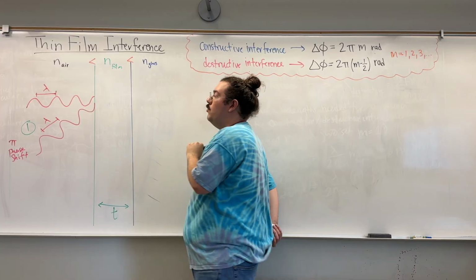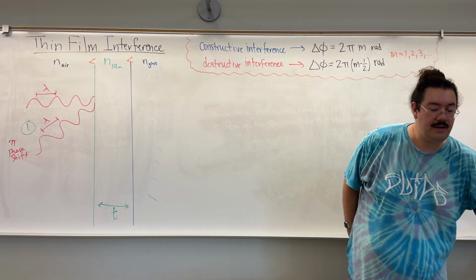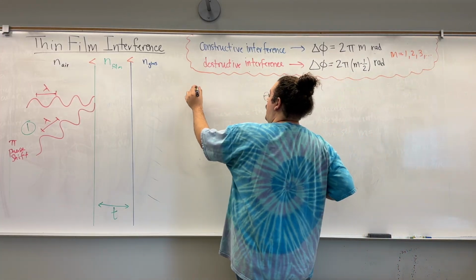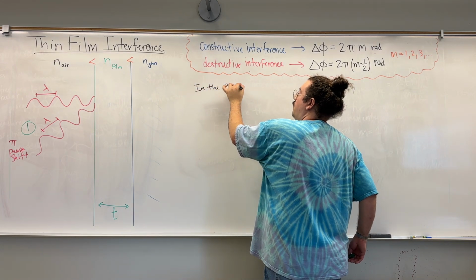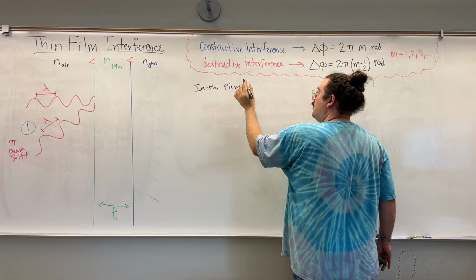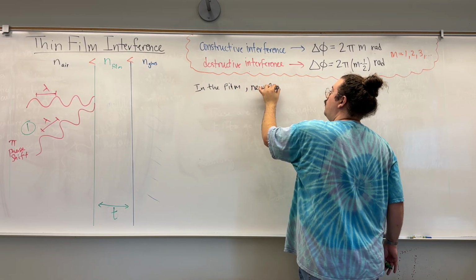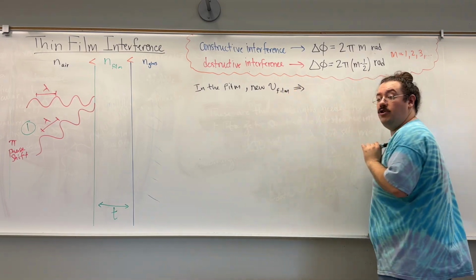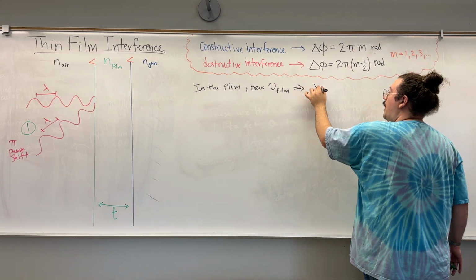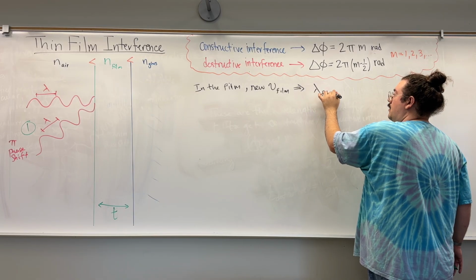So let's look at what happens when this wave transmits. Well, we have a new film refractive index, and in the film we are going to have a new speed, v film. And because we have a new speed in the film, we're going to have a new lambda.